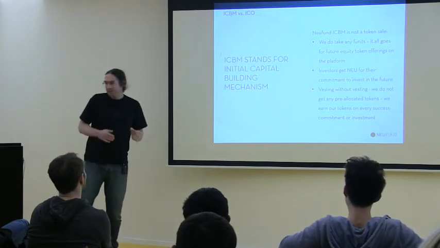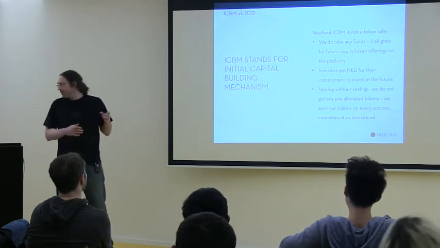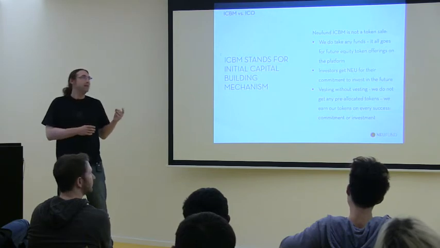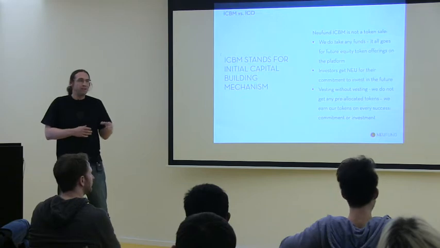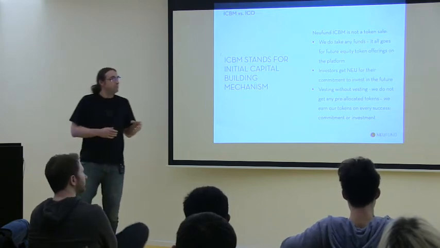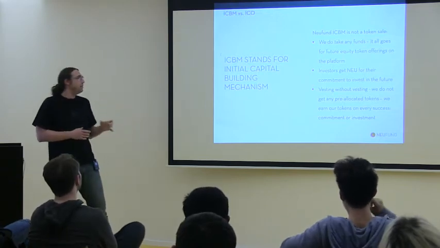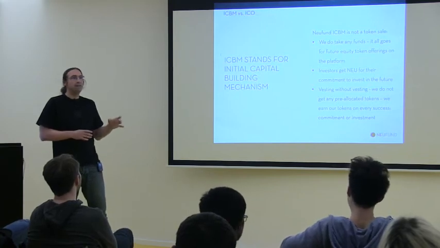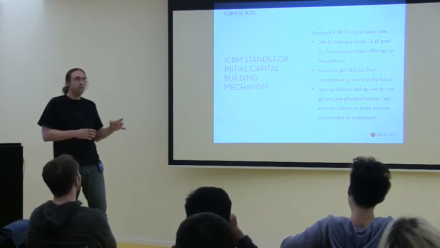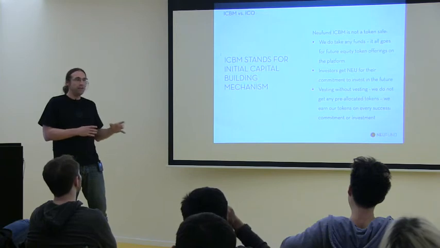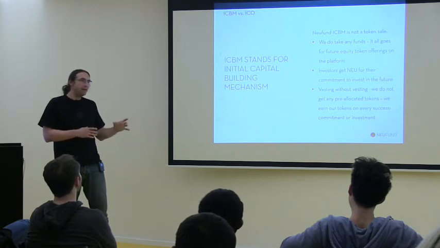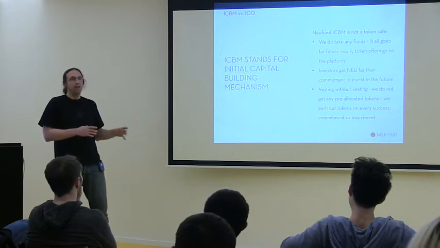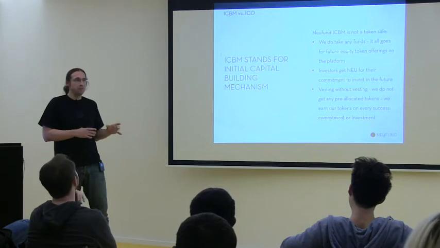It is an initial Neumark generating mechanism in which we do not sell any tokens. In this mechanism, people come and say, this platform has potential. I'm going to commit a little bit of money, or reserve a little bit of money, for future investment. It happens simply in an escrow smart contract. For that, we already reward this person with Neumark.